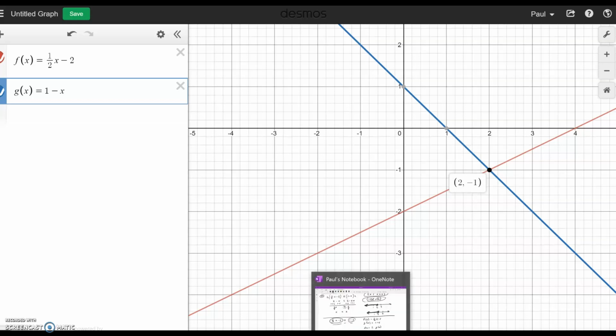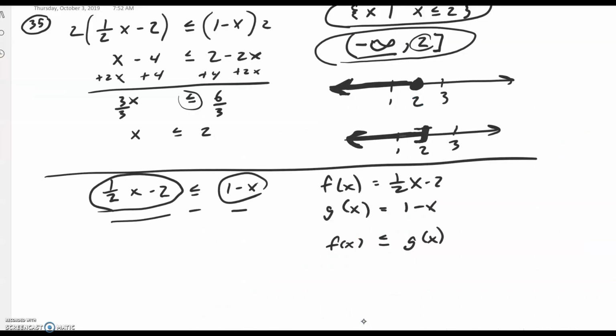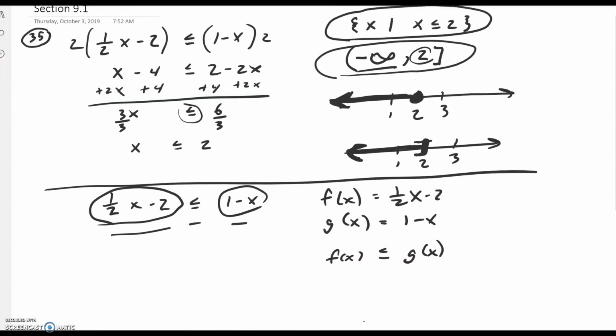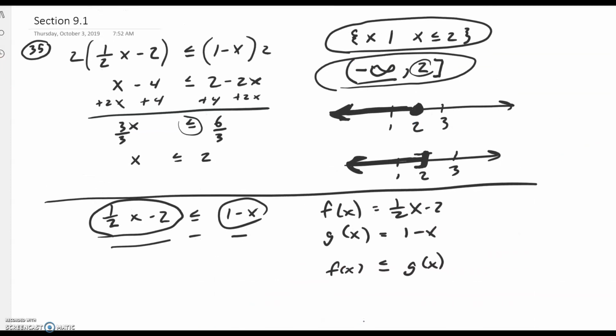If we go back to our setup here, we can see that the answer to the question, the answer that we already knew, was that when x is 2 or less, this side is less than or equal to this side. So this graphing provides extra understanding. I hope that you use Desmos to do this graphing. It will help you understand what's happening with these functions.